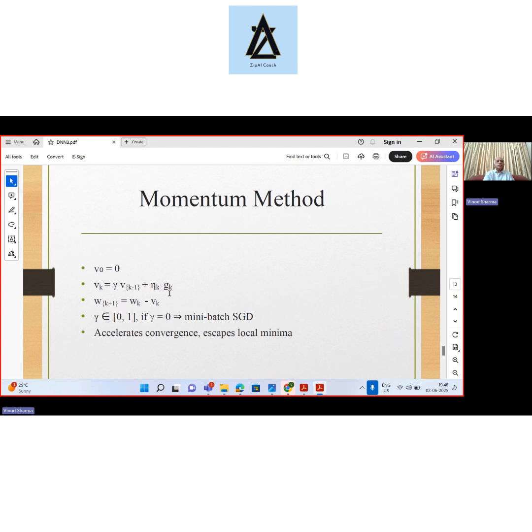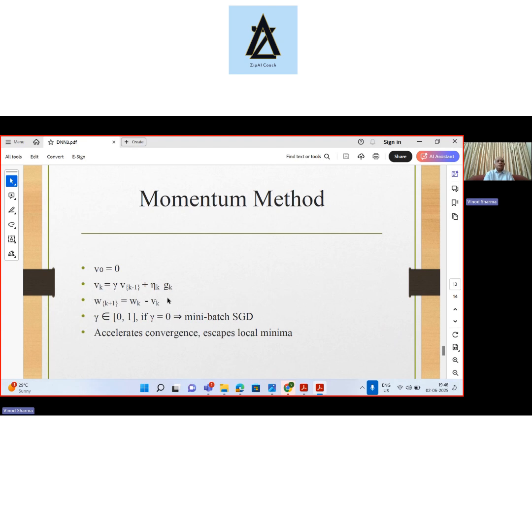Now you take that G_k and define V_k as equal to gamma V_{k-1} plus eta_k G_k. Eta_k is a non-negative constant. Gamma is also a small constant.